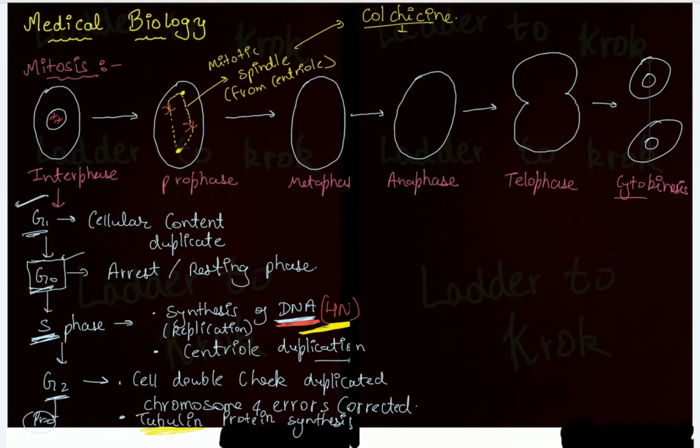This drug can destroy spindle fibers. Colchicine is the drug for gout. Gout is a problem you will study in biochemistry. Commonly we use this drug colchicine to study chromosomes. In which stage can we study chromosomes? That is metaphase. Remember, that is metaphase, not prophase.